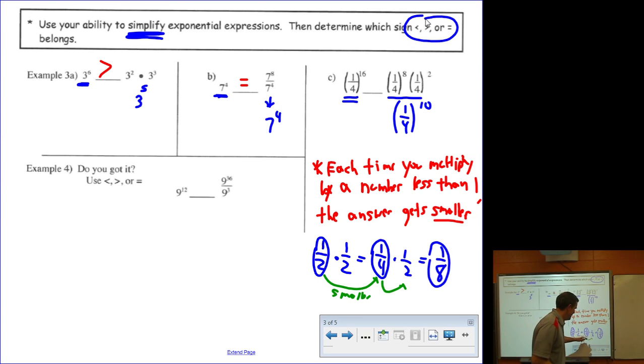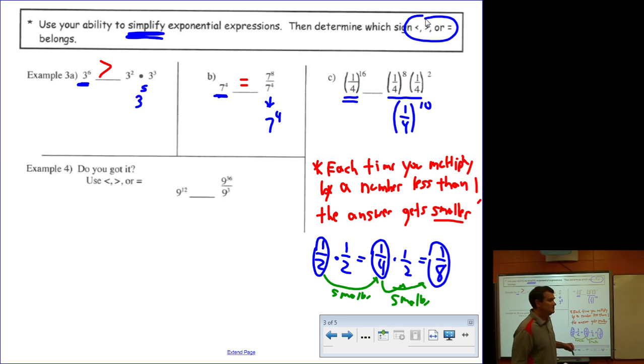And again, smaller. Each time I multiply by 1/2, my number gets smaller and smaller. Multiplying by a proper fraction actually makes the number get smaller and smaller and smaller the more times you multiply.